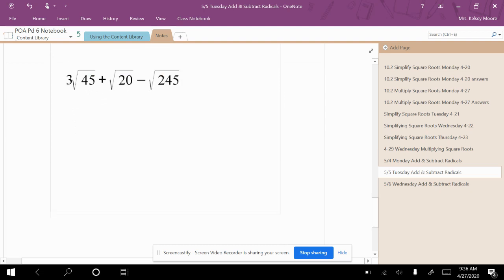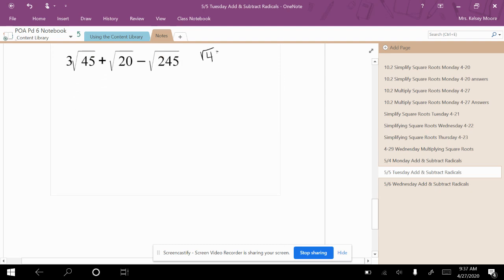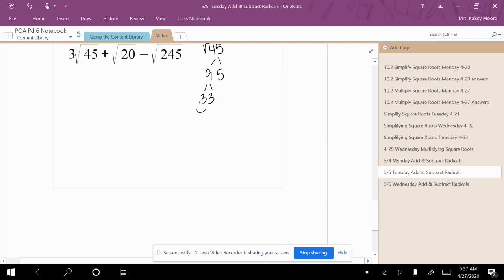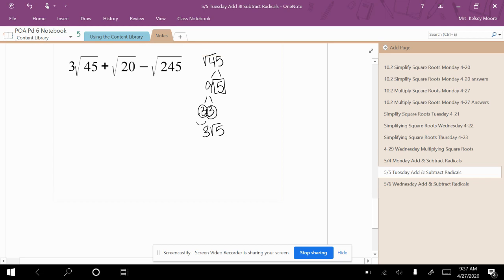Okay, I think this is my last one. Okay, so breaking apart 45, you've got 9 and 5. 9 goes down to 3 and 3. Circle my 3's, box my 5, so I should have 3 square root of 5. Okay, then I have 20. It goes down to 4 and 5, 2 and 2. Circle my 2's, box my 5, I get 2 square root of 5.